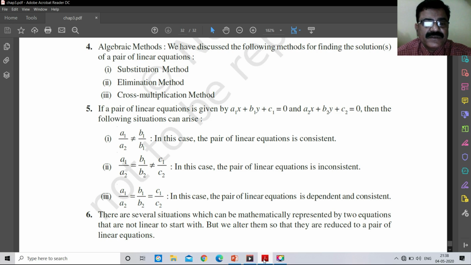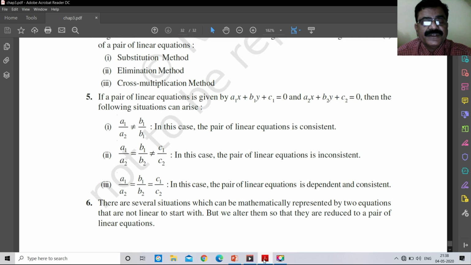We will solve the questions in the next exercises. Students, there are several situations which can be mathematically represented by two equations that are not linear to start with, but we alter them so that they are reduced to a pair of linear equations.